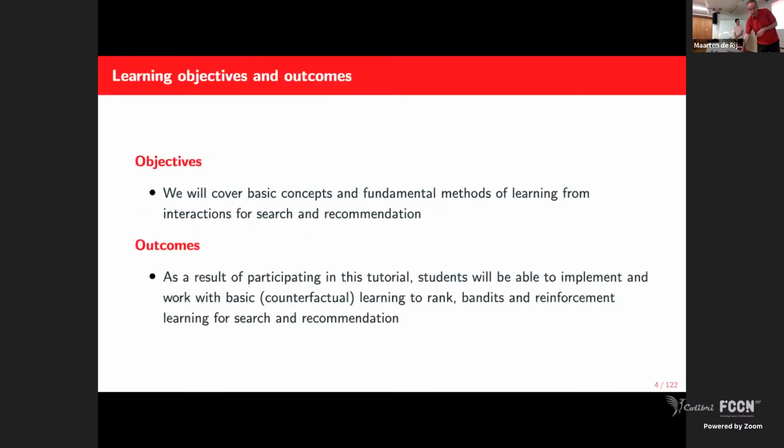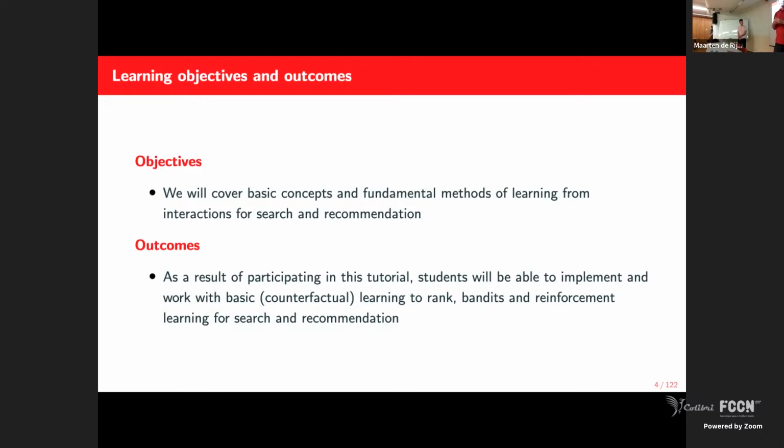Now, we have two objectives, and we hope that you will get at least this outcome. We'd like to get some of these basic concepts and fundamental methods of learning from interactions across to you, and we hope that you'll be able to begin to implement and experiment with them, at least the basic counterfactual learning to rank methods and maybe some bandit methods.